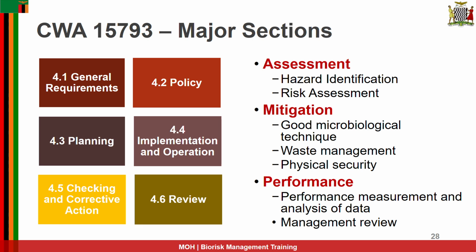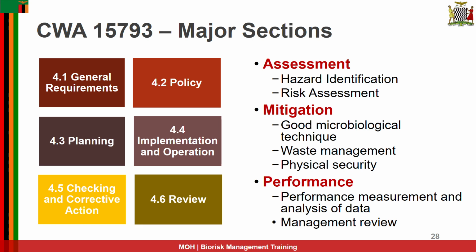But then section 4 is your biorisk management system requirements. In section 4, this is where you'll find the requirements that this particular standard would want you to actually conform to. Under section 4, you're going to have 6 subsections. Section 4.1 looks at the general requirements for you to actually have a management system.